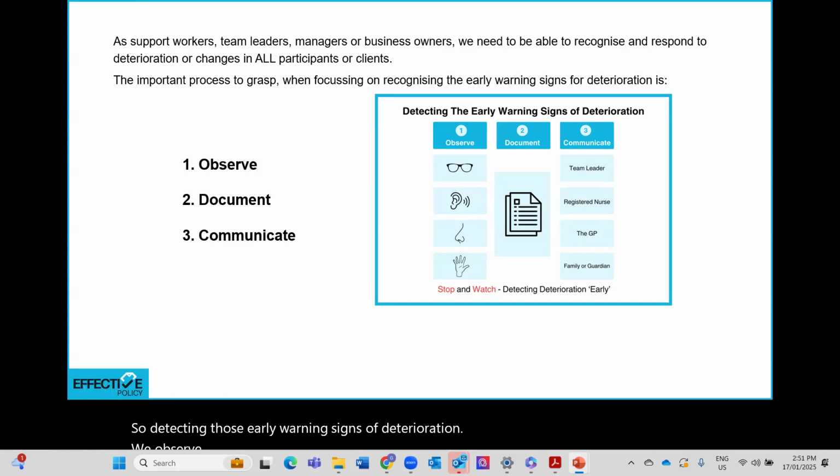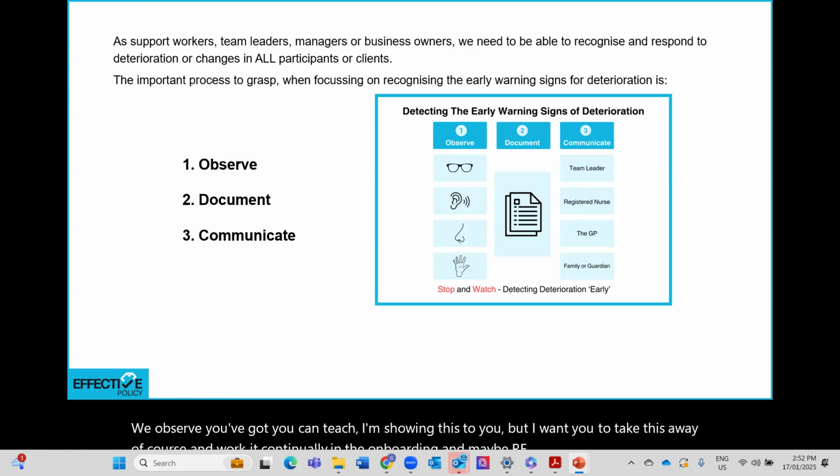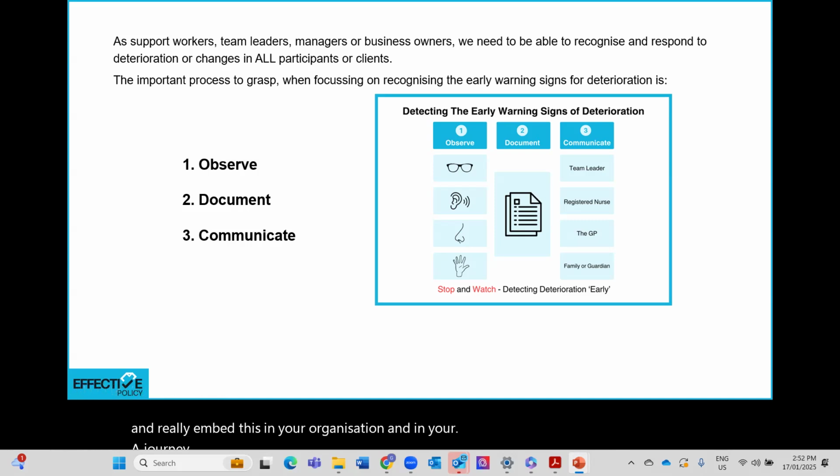I'm showing this to you, but I want you to take this away and work it continually in the onboarding and maybe re-onboarding, or every now and then in services or training, but definitely at onboarding of your staff. Take this along and really embed this in your organization and in your staff's journey as a support worker or manager or team leader.